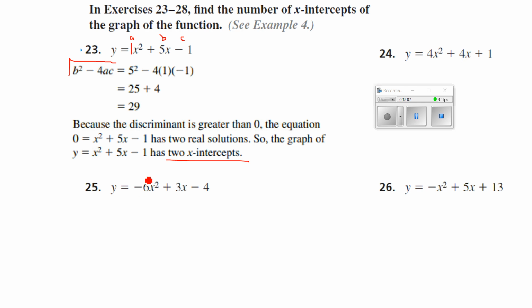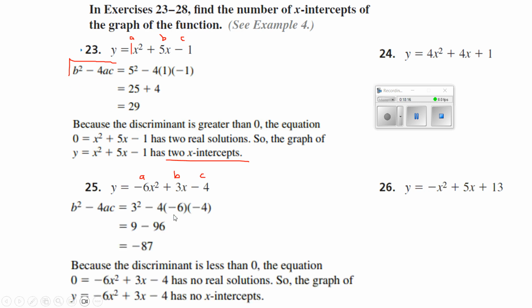This time negative 6 is going to be our a, 3 will be b, negative 4 will be c. Then we're going to plug it in over here. When we do, we're going to have 3 squared minus 4 times negative 6 times negative 4. Well, 3 times 3 is 9.